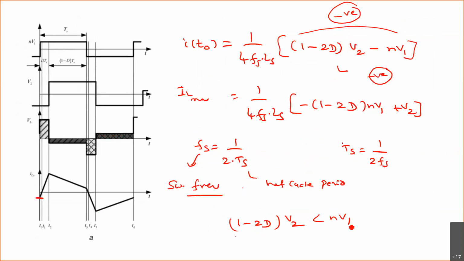There is a boundary point where these two are exactly the same, that is 1 minus 2d into v2 equals nv1. At that point, V2 will be 1 by 1 minus 2D into NV1. Is it clear?